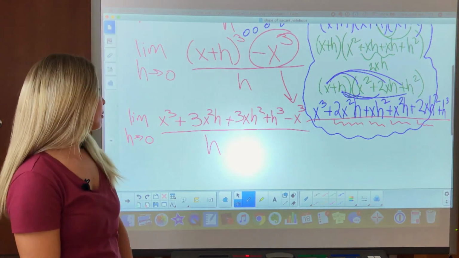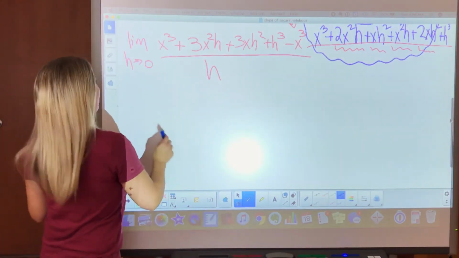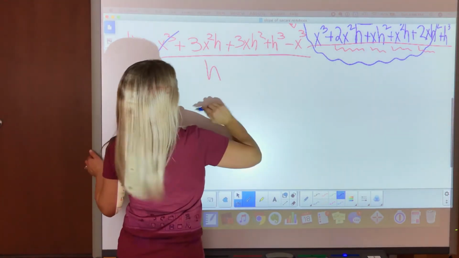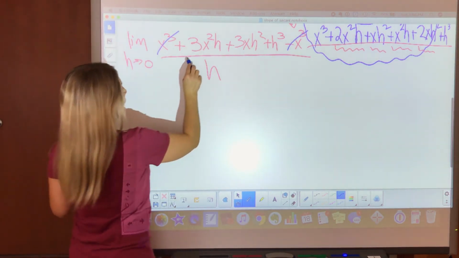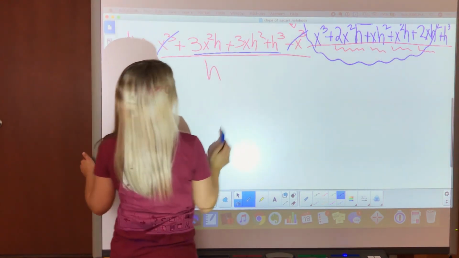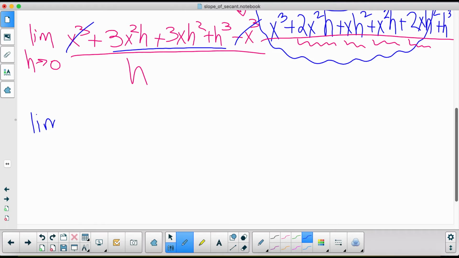This is a lot. Okay, now I'm going to go through and cancel some stuff. X cubed minus x cubed go ahead and drops. And what we have left, I'm going to pull an h out of. So the limit as h goes to 0, and I'm pulling that out so he can eventually cancel with my denominator in the bottom.